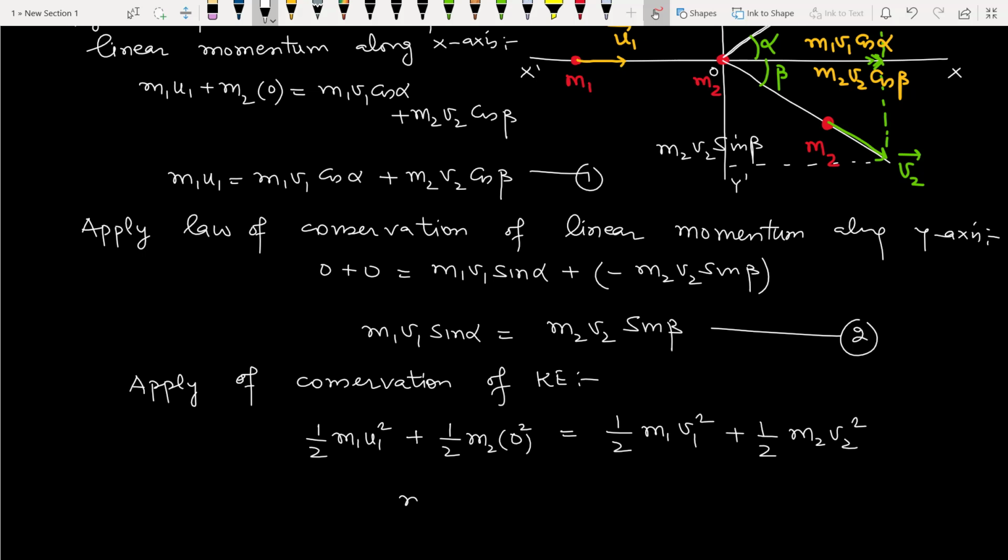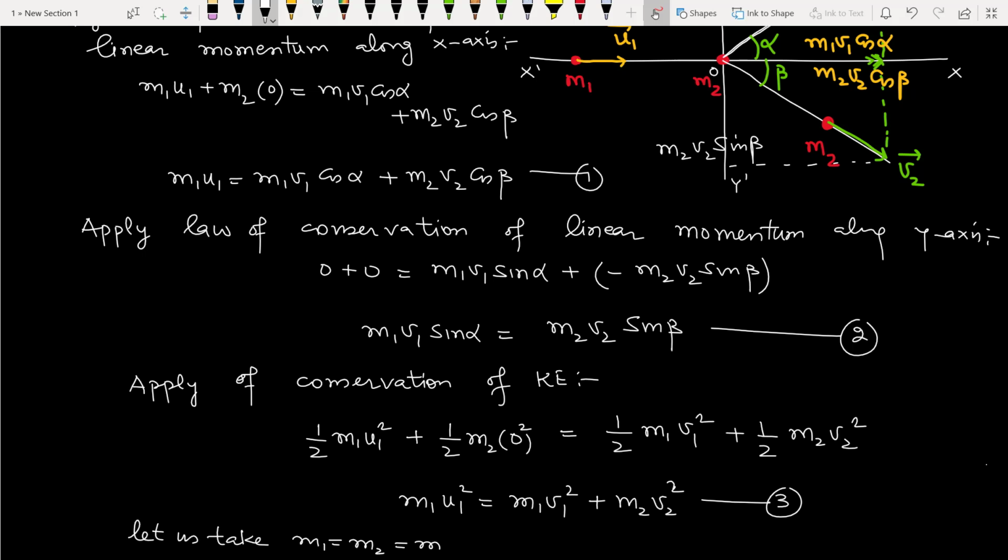When we solve this, the half will cancel out, giving equation number 3. So now we have these three equations and we will solve them to get the desired results. Let us take m1 equal to m2 equal to m, say. This will simplify our problem.